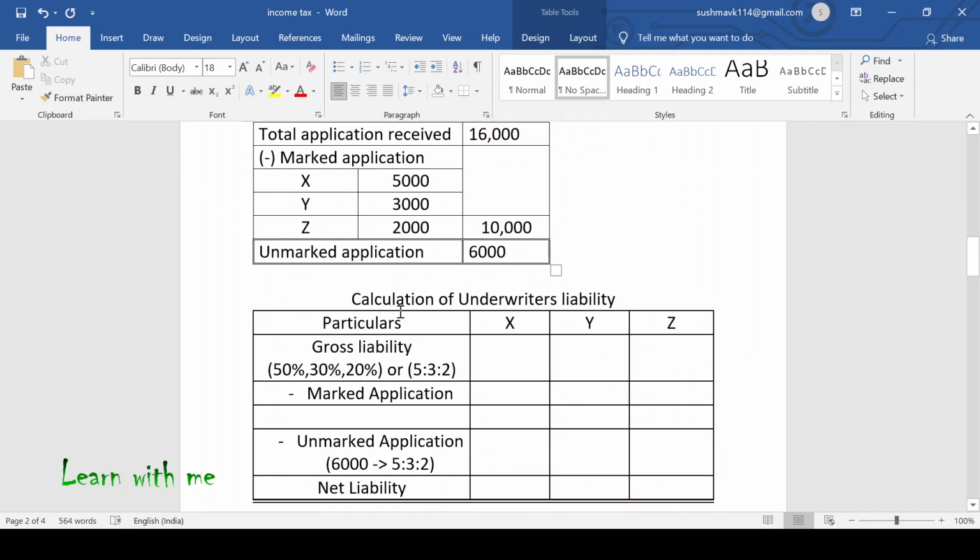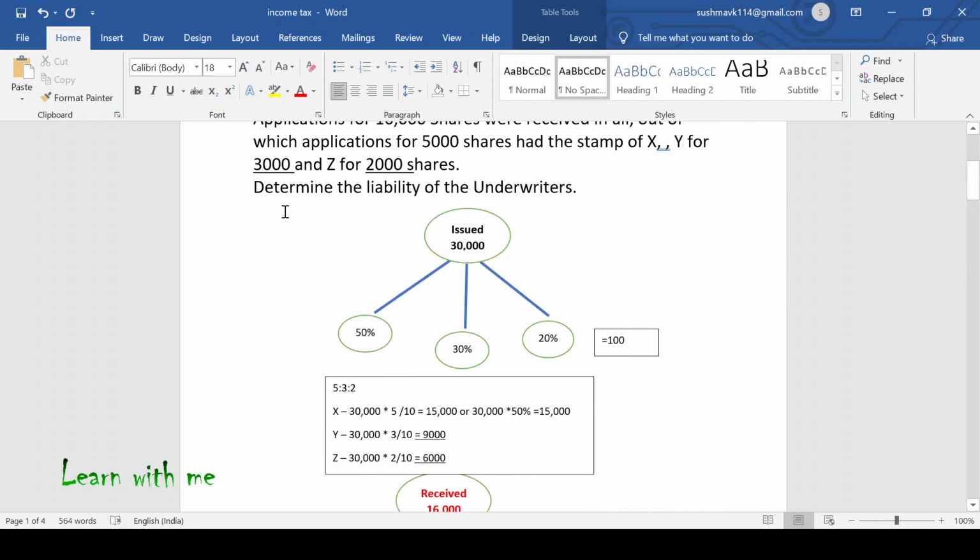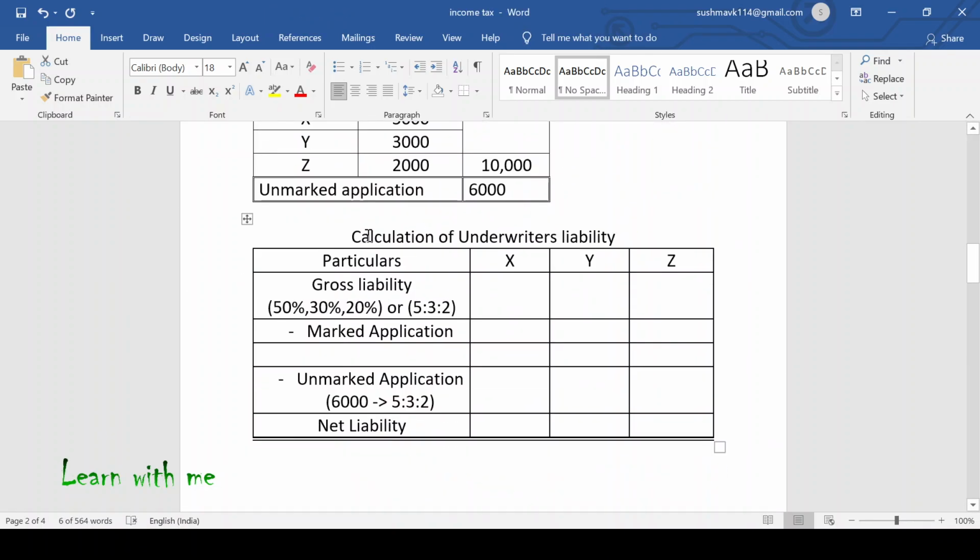Now let us calculate the liability. That is what the question asked, right? He has asked us to determine the liability of the underwriter. So the next step is to calculate the liability of the underwriter. In this particular question, we have three underwriters, namely X, Y and Z, and we have to make a column for particulars, so in total you have four columns. I think you're clear with the format now.